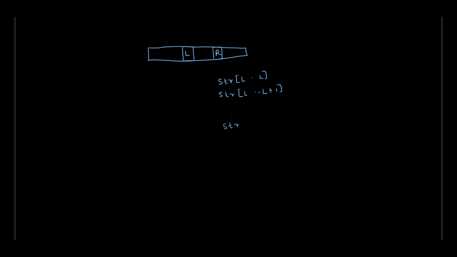Then compute the answer of str L to R, and then print the sum of all of these values. So we already know how to compute for one single string. So let's just do whatever the problem is asking us to do.